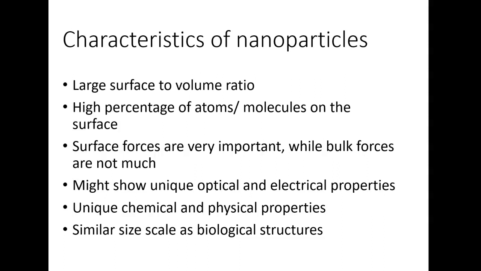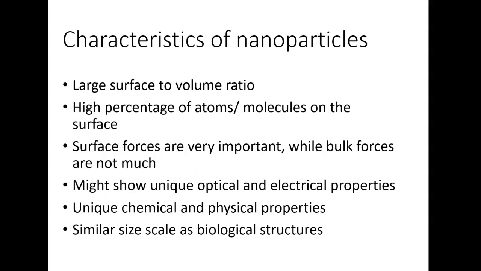So any structure you are considering will have a large surface to volume ratio, and a high percentage of atoms or molecules on the surface. And surface forces will be more important than the bulk forces, and they will have unique optical and electrical properties.